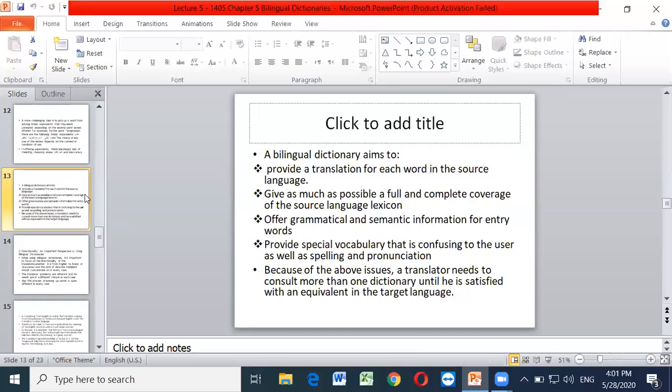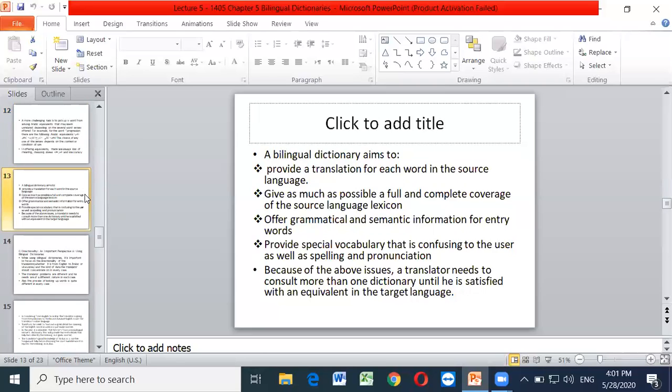Because of the above issues, a translator needs to consult more than one dictionary. This is very important. So no matter how detailed a dictionary is, and no matter how thorough, how exhaustive, how complete a dictionary is, a translator should use more than one bilingual dictionary.